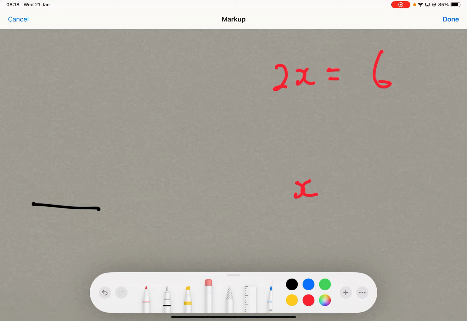Divide by 2. That's what you say, but you spoke too softly, I cannot hear. So you divide by 2, you will get your x. So if I have minus 2 over here, what do I divide by? If I have 2, I want to come here, I divide by 2.